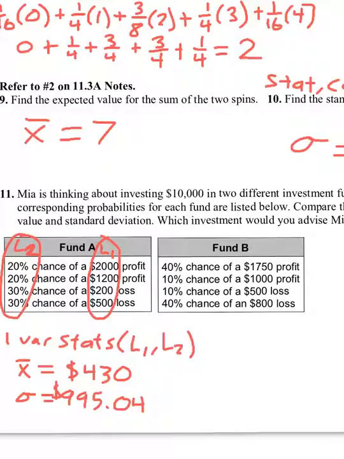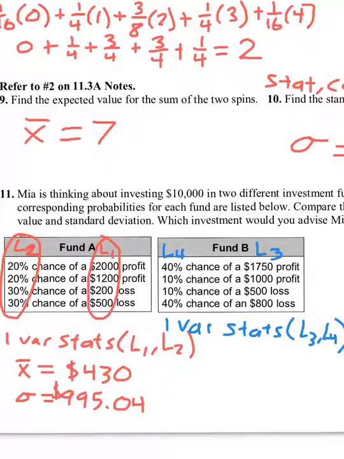All right, and now let's do it for Fund B. So, same thing. 1 var stats. And I put those in L3 and L4. All right, so you will get an error if you don't put the probability list under frequency. So where it says list, I want to put the money values, which I stored in L3.